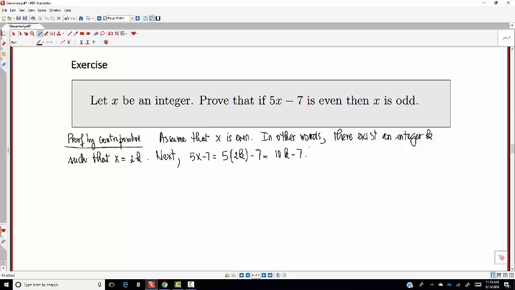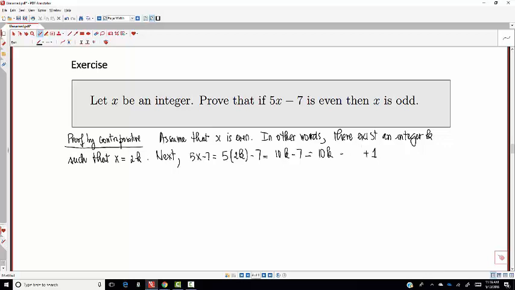All right, so remember now what we want to prove is that 5x minus 7 is odd. Okay. All right, so if I take 10k, I would like to write plus 1 here, and then I need something. So what should this be here? Right?